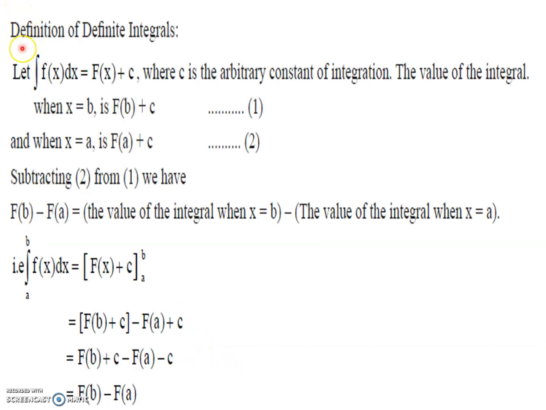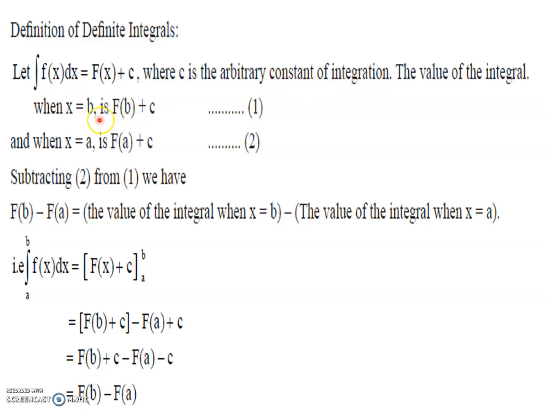Now, throughout this chapter, we have to discuss the definition of definite integrals. Let integration of f of x dx, where this is the symbol of integration, be F of x plus c, where c is the arbitrary constant of integration.